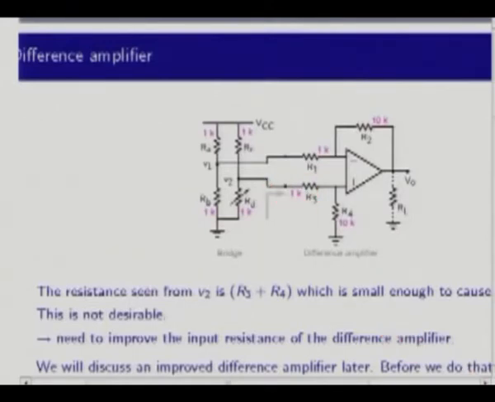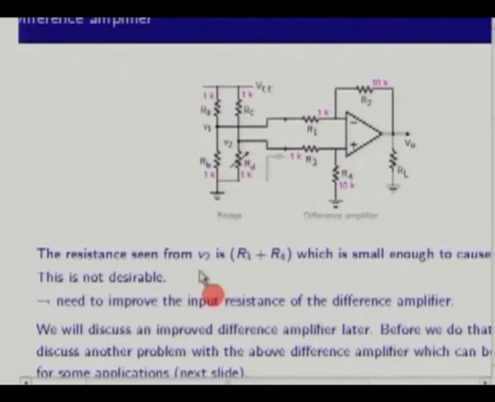That is right now not a problem, but there is a problem because of the loading of the bridge by this circuit. Okay. So what happens is if I just connect these two directly to the inputs of the op-amp, the inputs of the difference amplifier, then from here we are going to see some resistance R3 plus R4, and that is going to come in parallel with RD, and therefore I am going to basically disturb this value of V2, which I expected to be something.